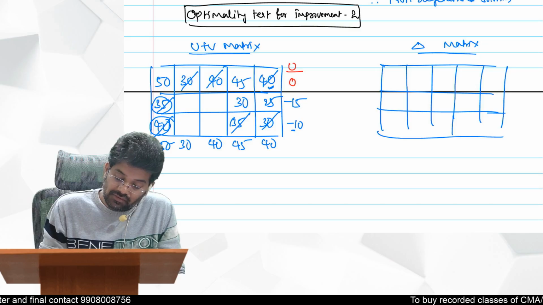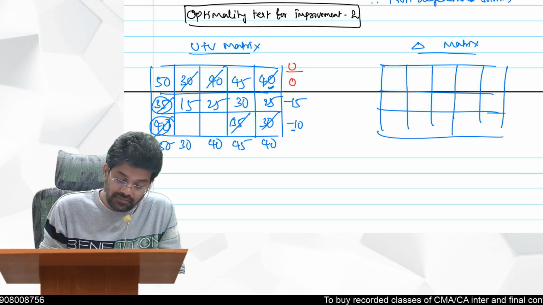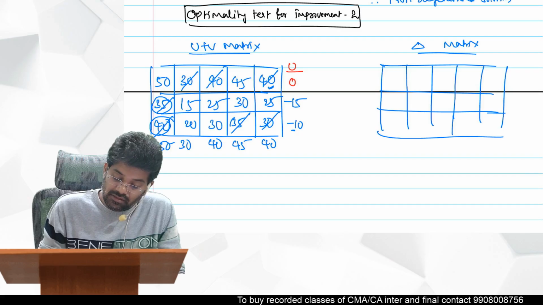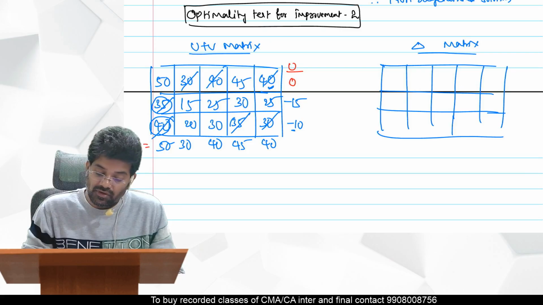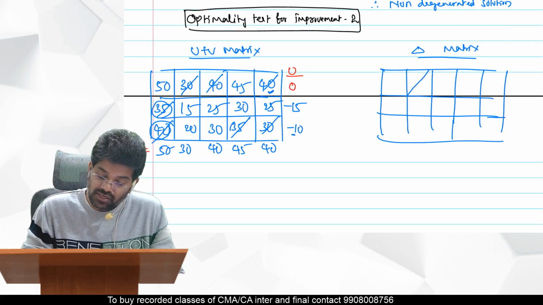Then 40 minus 15 is 25. 30 minus 15, 15. 30 minus 10, 20. 40 minus 10, 30. Yes. U values and V values we got now. Change matrix: first you cut the allocated cells.